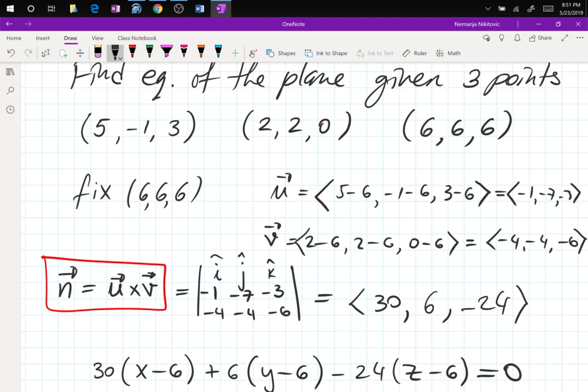Right? If I am working on this board and I have 3 points in space, it doesn't matter which one is going to produce my n vector, right? So if I anchor this one, then I have my vectors u and v in the plane, and my n would be there, right?